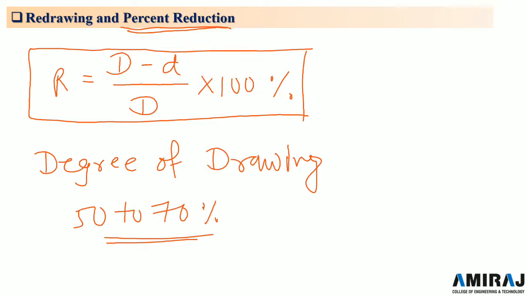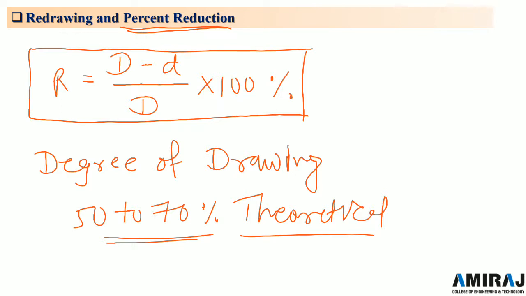This is the theoretical data. But in practice, the value may change, and it is limited to 35 to 45% due to friction from the blank holder and bending force.